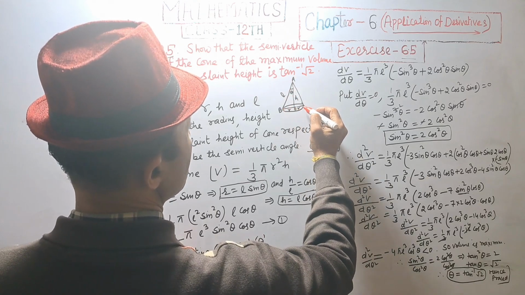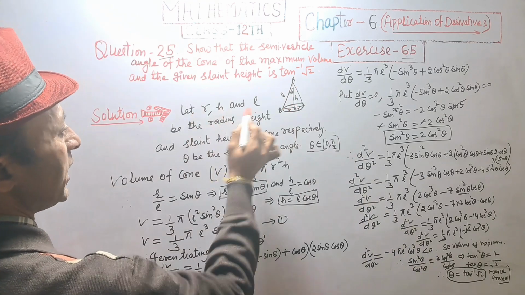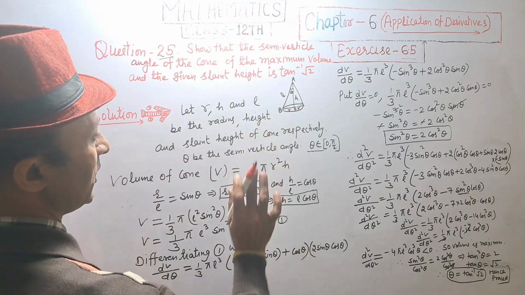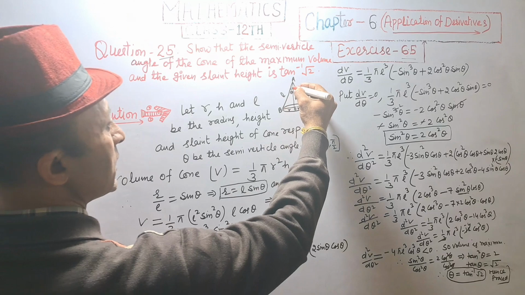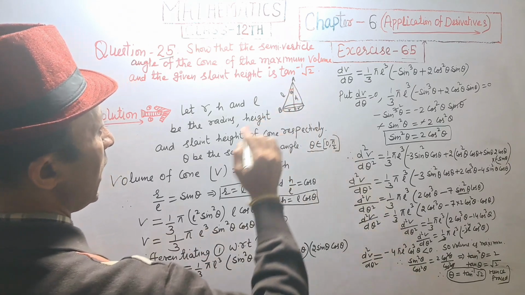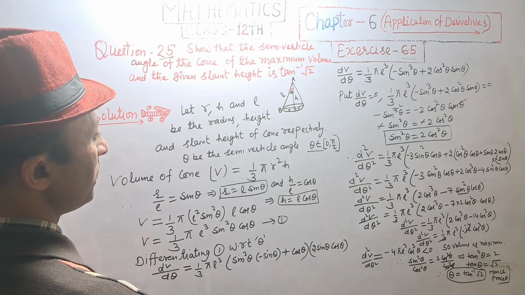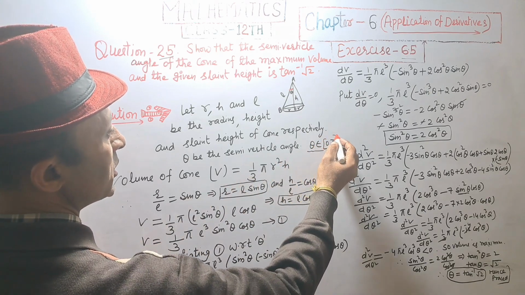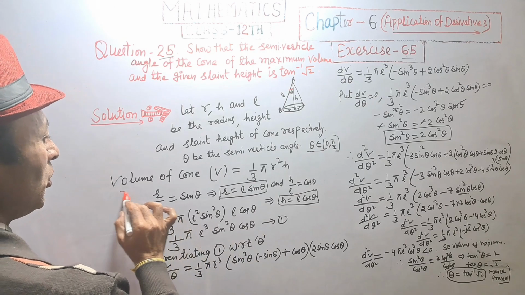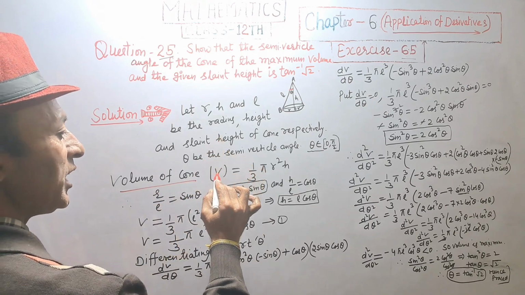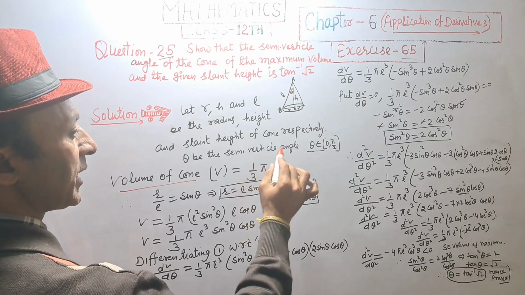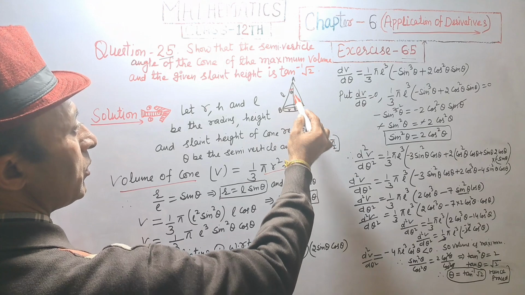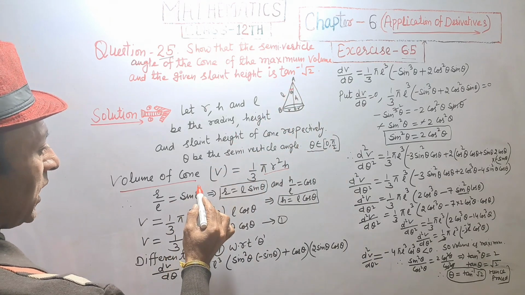It's a cone. R, H and L be the radius, height and slant height of cone respectively, and angle theta be the semi-vertical. So theta belongs to closed interval 0 to pi by 2, and volume of cone we know that V is equal to 1 upon 3 pi r square h, and perpendicular upon hypotenuse is equal to sin theta.